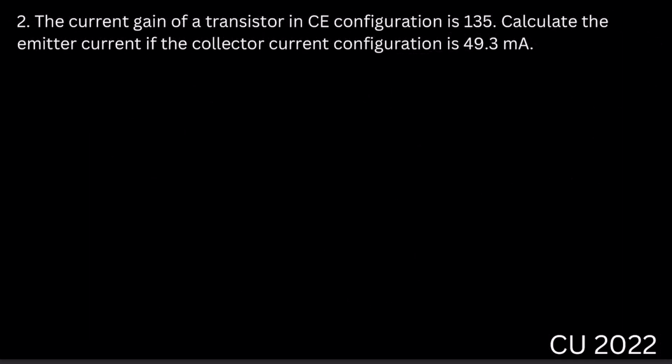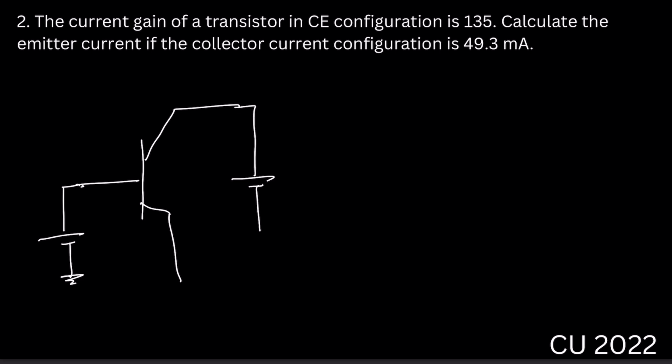The current gain of a transistor in CE configuration is 135. CE configuration means, as I already told you in the last circuit, the emitter will be common in the input loop and the output loop. So this will be VCC, VBB, base, collector and emitter.